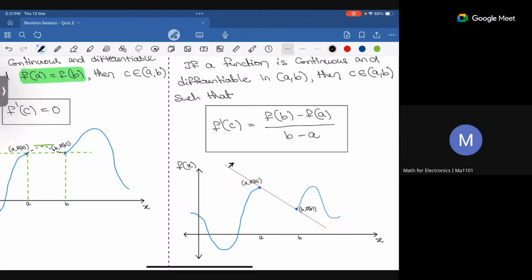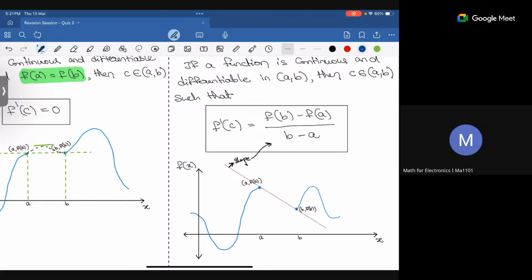You know this straight line passes through (a, f(a)) and (b, f(b)), so the slope is f of b minus f of a divided by b minus a, which is the right side you are seeing.